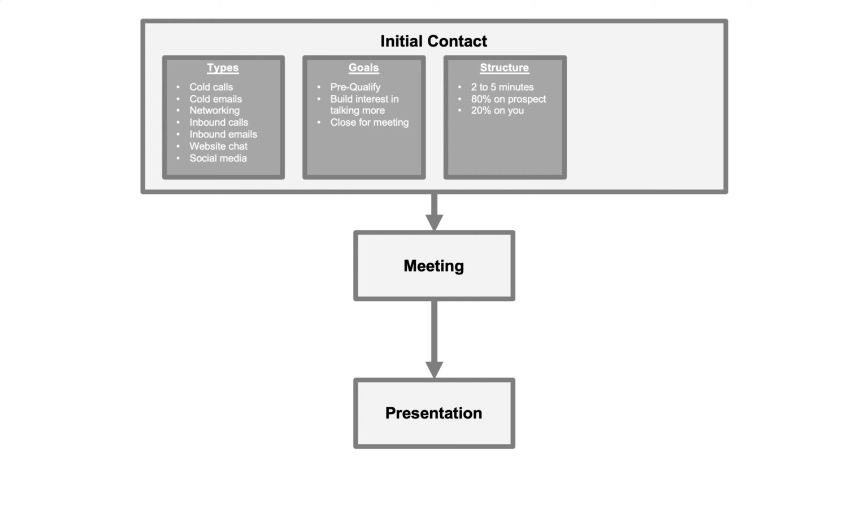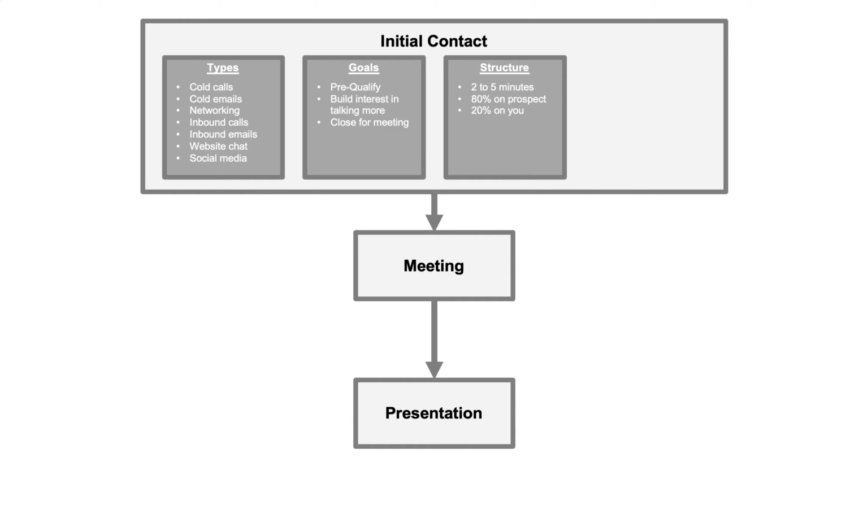Now the structure for the initial contact is a very short conversation. So it's 2 to 5 minutes. And one of the core concepts of the Smart Sales System was focus more on the prospect and focus more on their interests. So to cater to that, we want to focus 80% of the initial contact on the prospect and 20% on you.